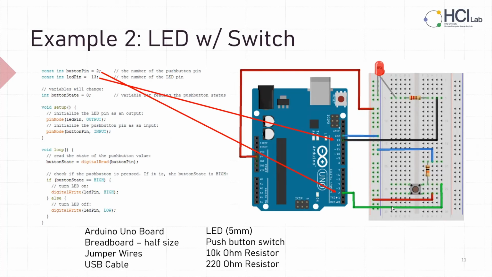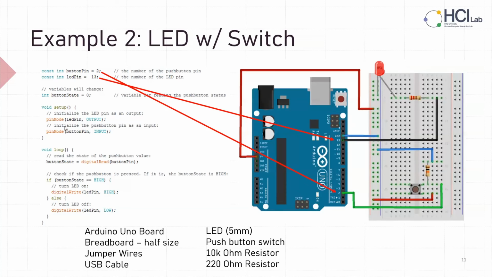To connect the hardware, we just need to connect the push button switch part. The LED part is almost the same as the previous work. We use pin 2 for the push button, and also 5 volts for the push button, and we also need to connect the ground for the push button. Everything is the same for the LED here.